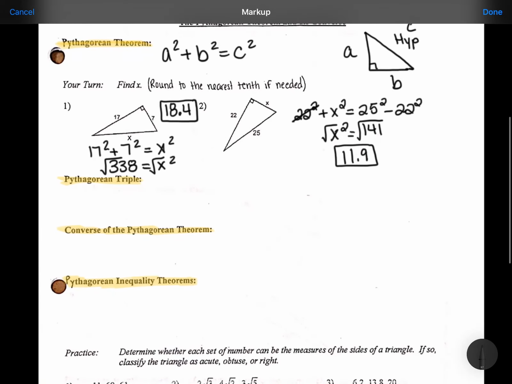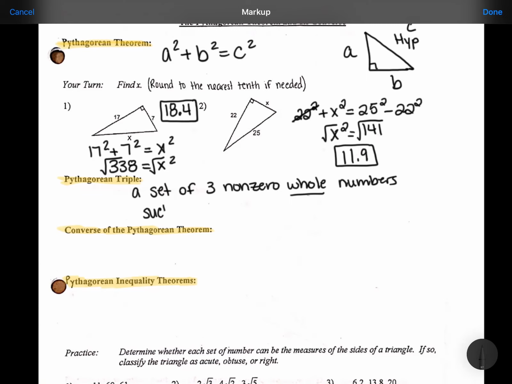Then we have what's called a Pythagorean triple. A Pythagorean triple is a set of 3 non-zero whole numbers such that A squared plus B squared equals C squared.